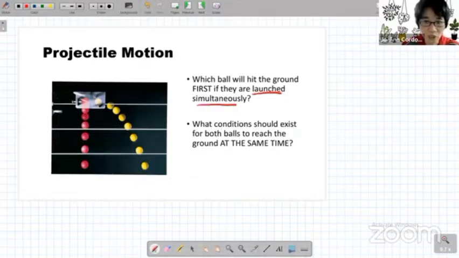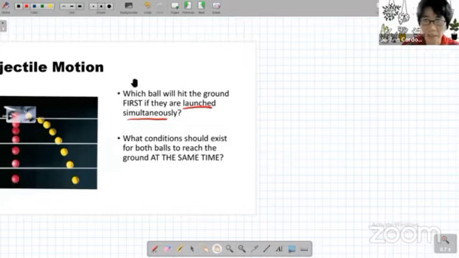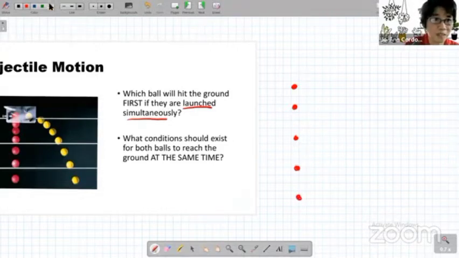So what condition should exist for both balls to reach the ground at the same time? So kung babalikan po natin yung ating figure kanina, you will notice please that that particular figure will essentially show you the red ball dropping down like this, and at the same time, we have the yellow ball.